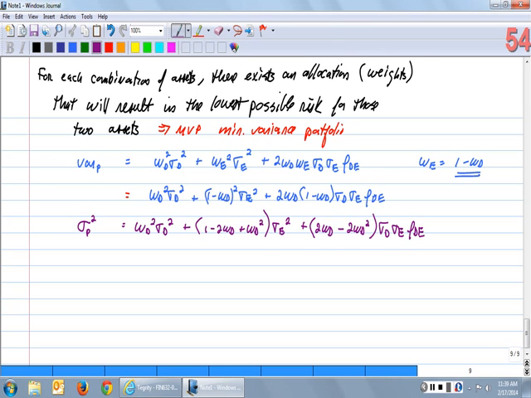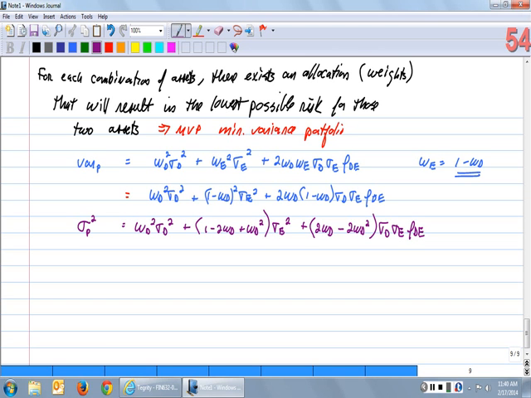So what we're saying here is that the risk of a portfolio, measured by variance, is really a function of how much money we're putting in, in this case WD, because we've changed our two variables to one variable. It's not WD and WE. Everything is a function of how much we're putting in WD. That is, what percentage of our money we're putting in asset D.